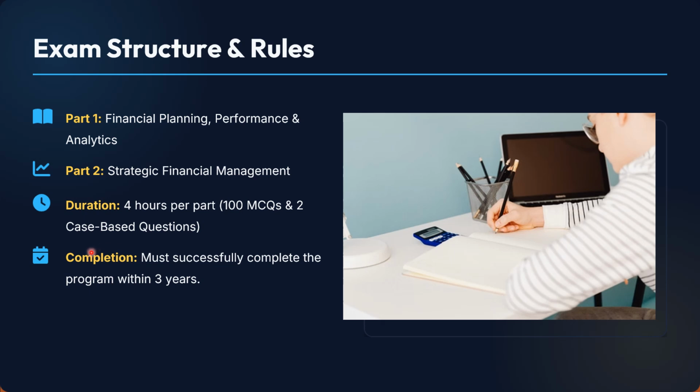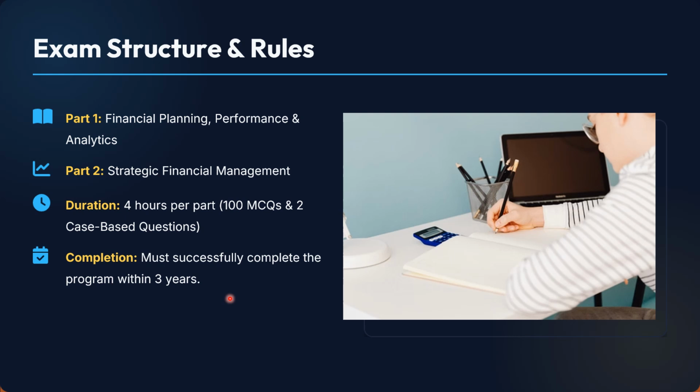Now, please remember, you have to complete the program within 3 years from the entry into the program. That means, suppose you enter the program on July 1st, 2026, by June 30, 2029, you should complete the program.